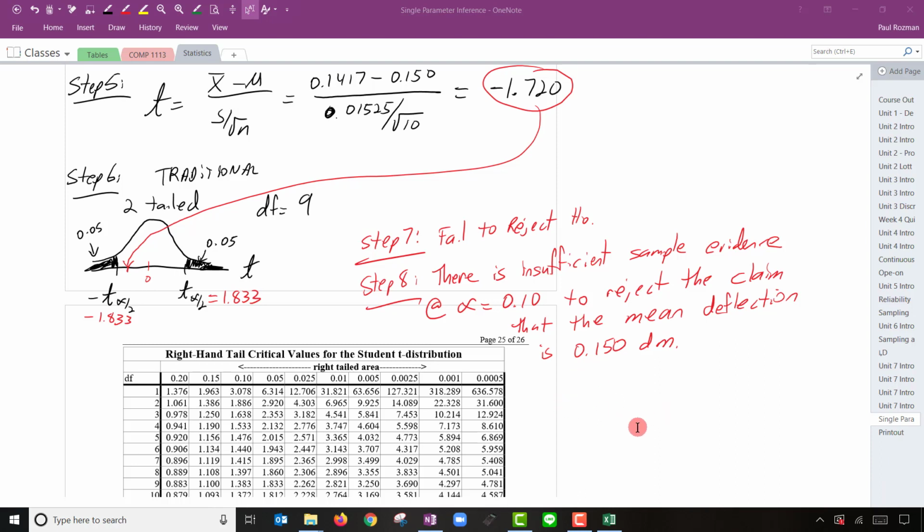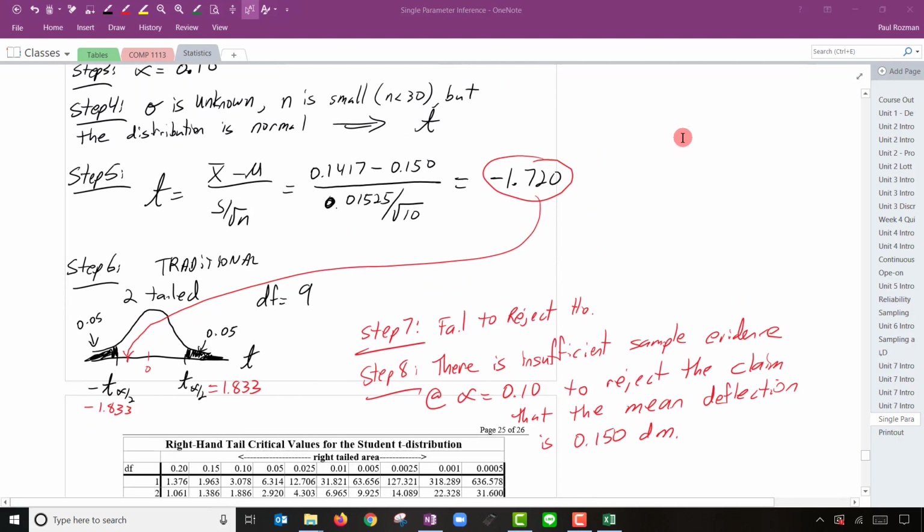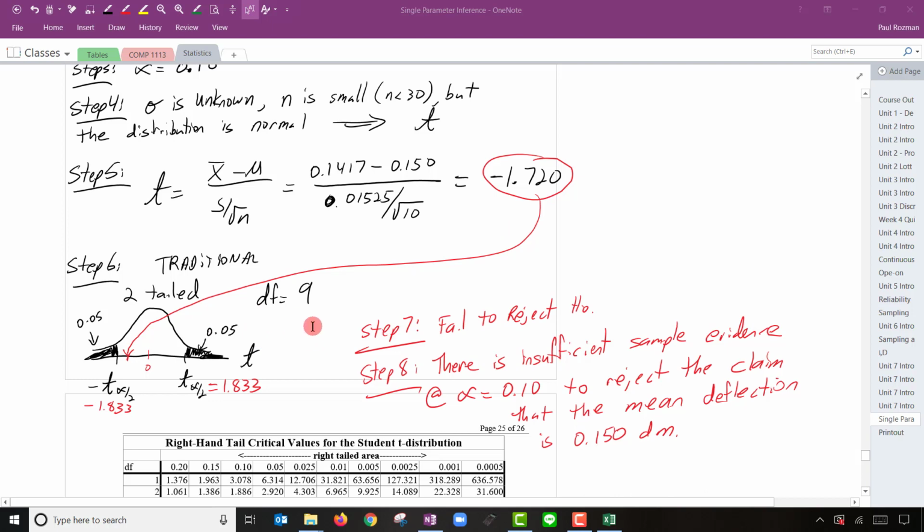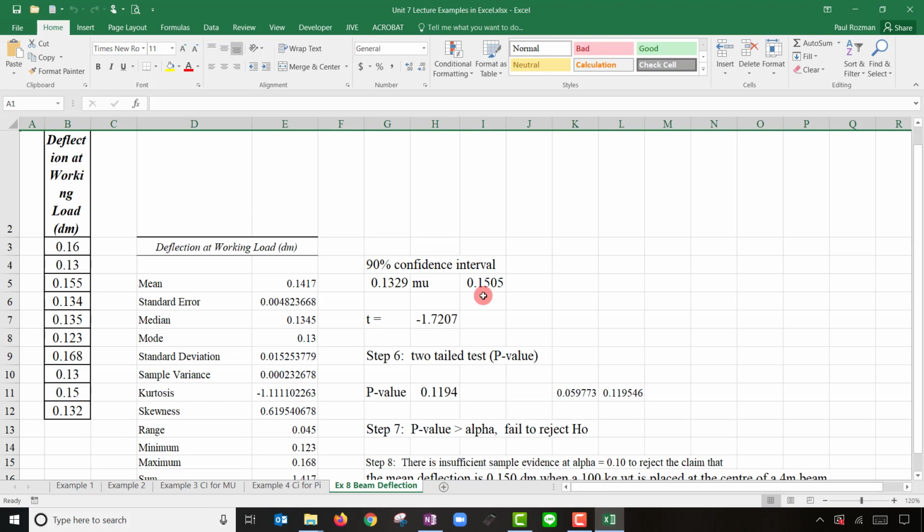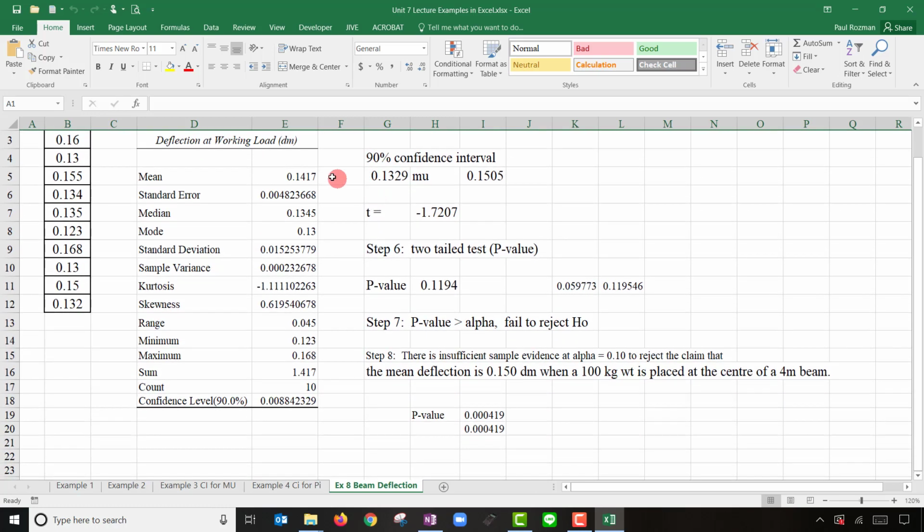Thought maybe we could take a quick look at the p-value using Excel, as the p-value is rather difficult to get off the t-table. So here's the same example. I pasted the values into Excel, and then I ran the descriptive statistics add-in. You can see that it gives you the confidence interval. Remember, I set it to do 90%. I think the default is 95%, but you can change it.